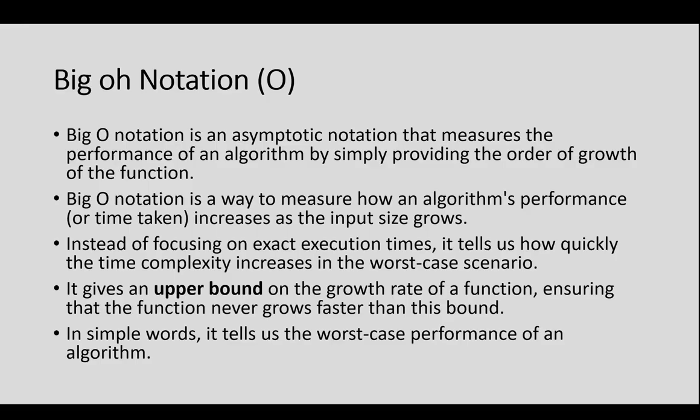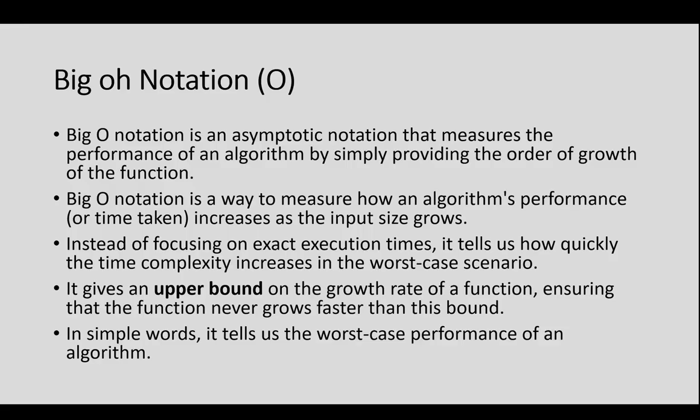I have also told you, depending upon the case, or using which scenario we are going to write the complexity of a particular algorithm, we have three different kinds of notations, each associated with a case.